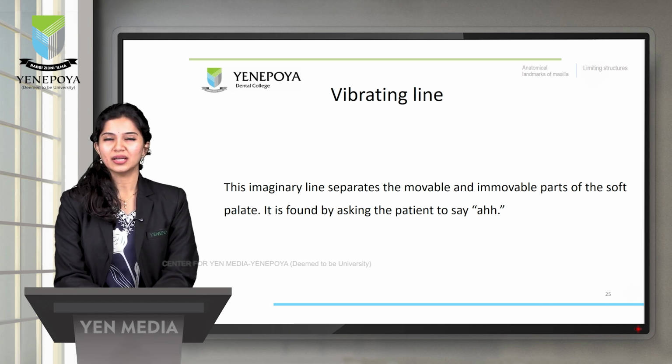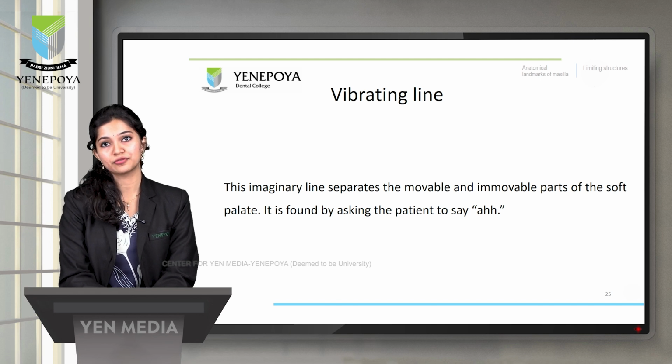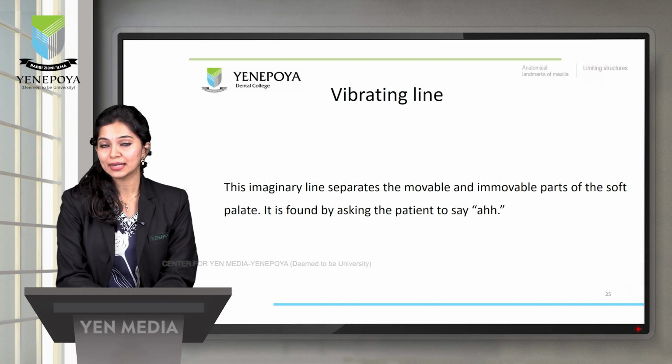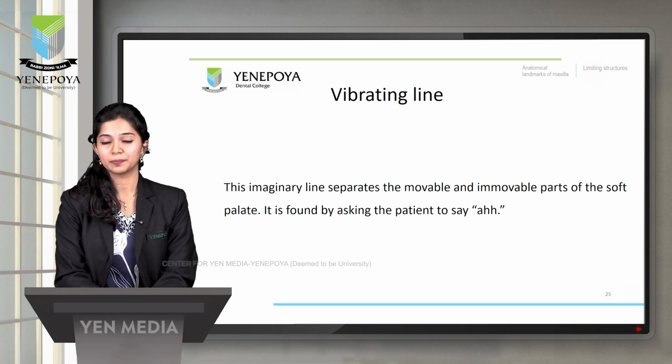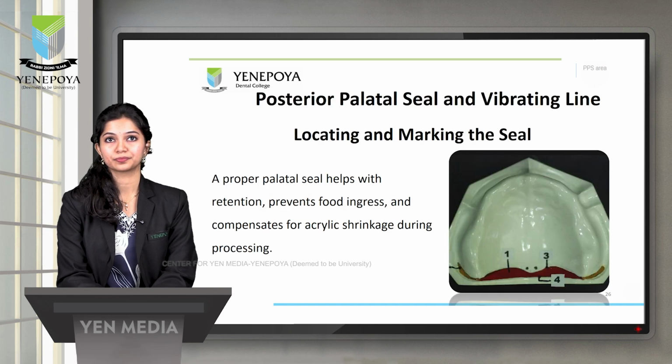So now to put it in a very simple way, anterior vibrating line is the junction of non-movable and slightly movable, and your posterior vibrating line is slightly movable and fully movable parts of the palate. But the actual definition is what I told before.